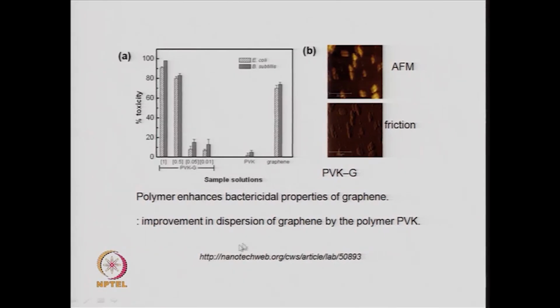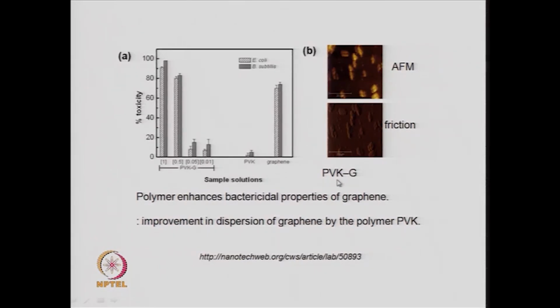Now, you also see that when you make the polymer graphene composite, the PVKG composite, the AFM shows you the kind of dispersibility of graphene in the polymer, and it is quite uniform, and this is friction measurements on the surface of this composite, which also shows quite uniformity and a homogeneous surface.